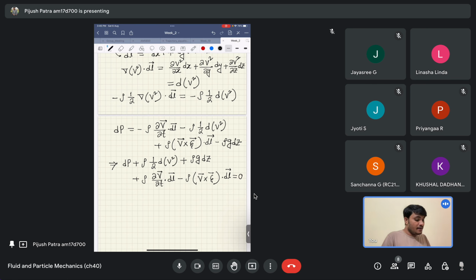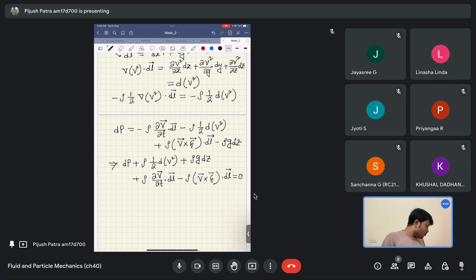So this is the general form of the Bernoulli's equation.